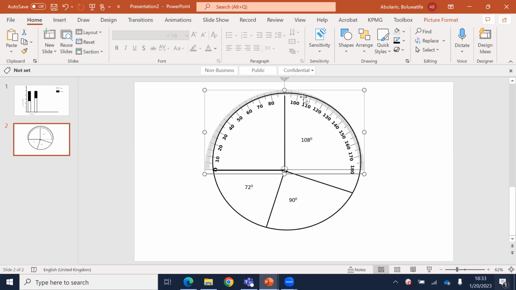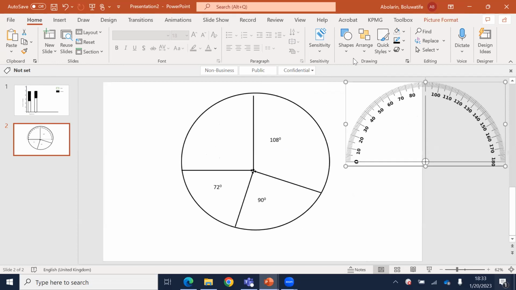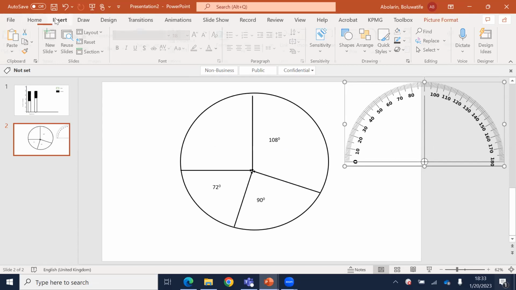So you have to make sure that your protractor is where it's supposed to be. Can you hear me? Yes. Exactly. So that is it. So you are going to write it.